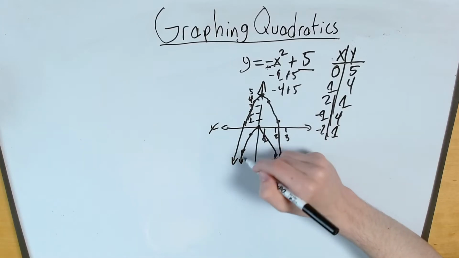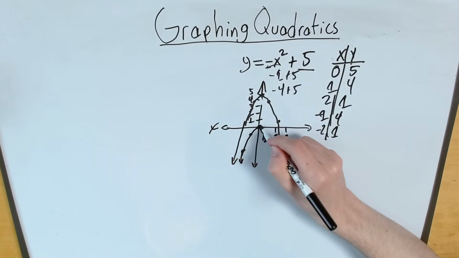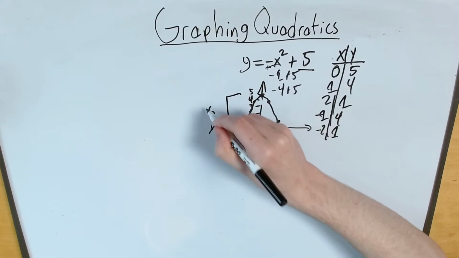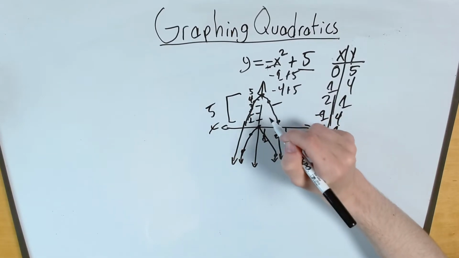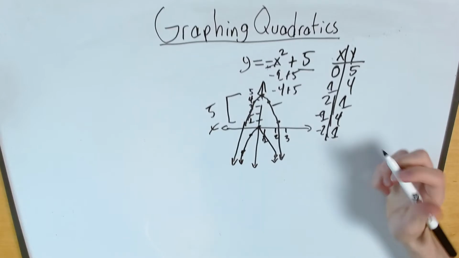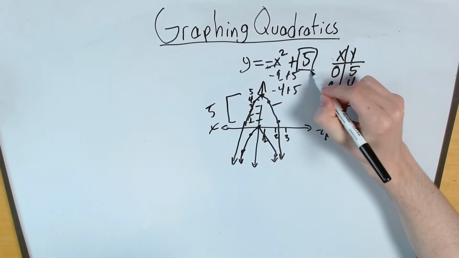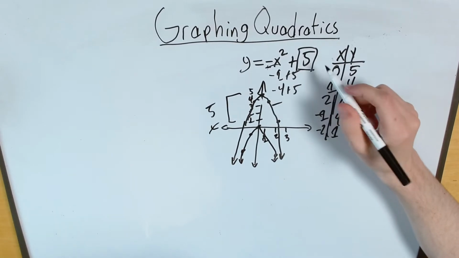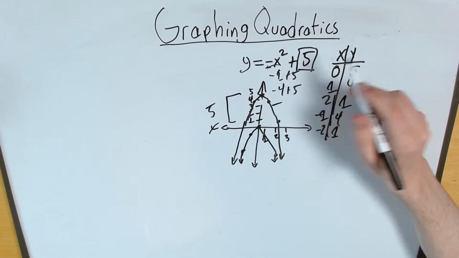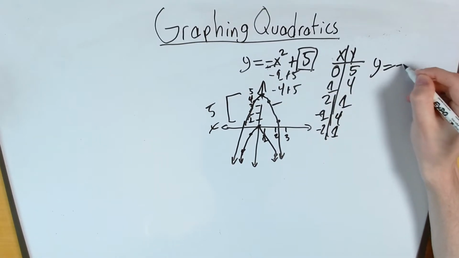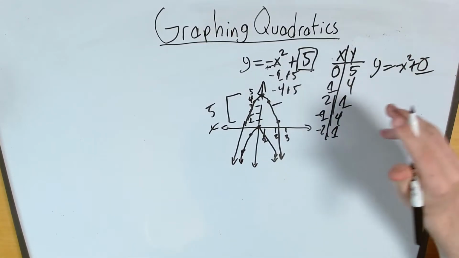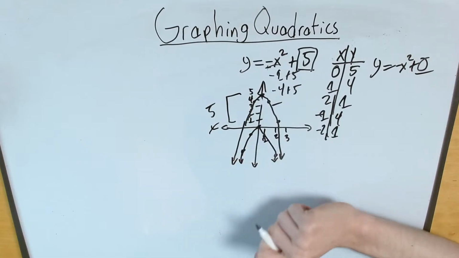If I were to take this graph right here, and bump it up 5 units, I would get this graph. And why is that? Well, that's because we have this little 5 here that says, okay, your y-intercept is 5 now. Before, with just y equals negative x squared, it was 0. But by bumping it up 5, we shifted up 5.